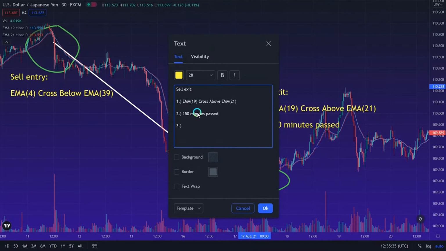Only after that can you consider the first condition and start to look for it. So let's see.